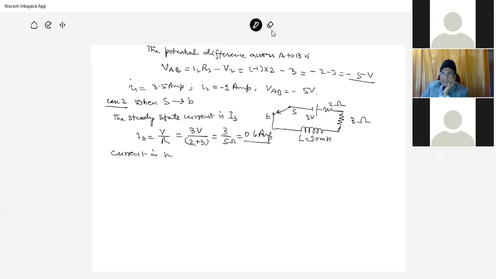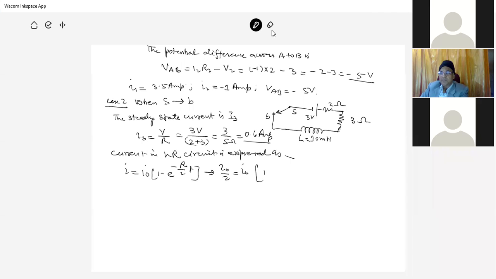Now current in LR circuit is expressed as I equal to I naught into 1 minus e to the power minus R by L into T. So we have to find out the time when this I is equal to I naught by 2.